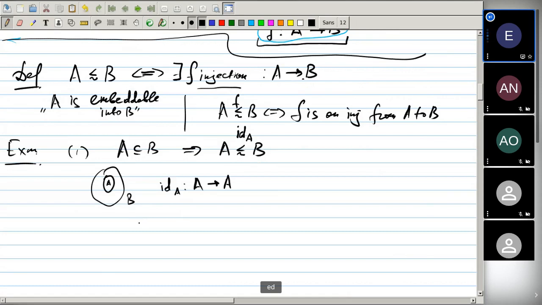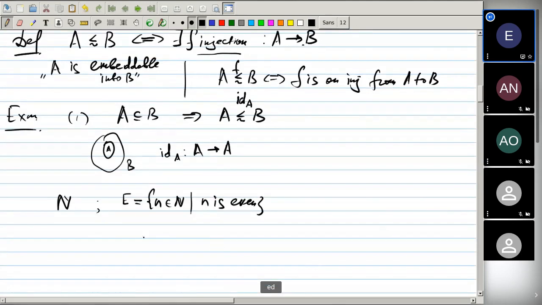Let us consider, say, naturals. N is the set of all naturals, and let E be the set of even naturals. Even naturals, say 0, 2, 4, 6, and so on.